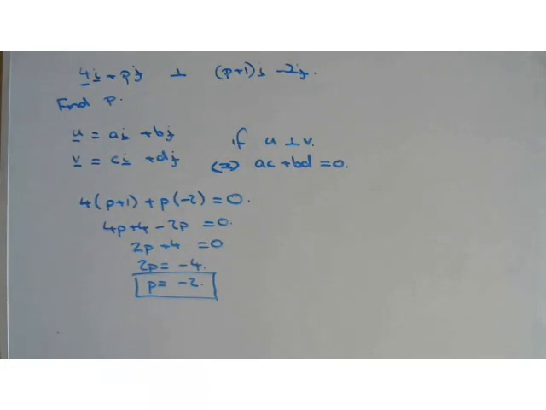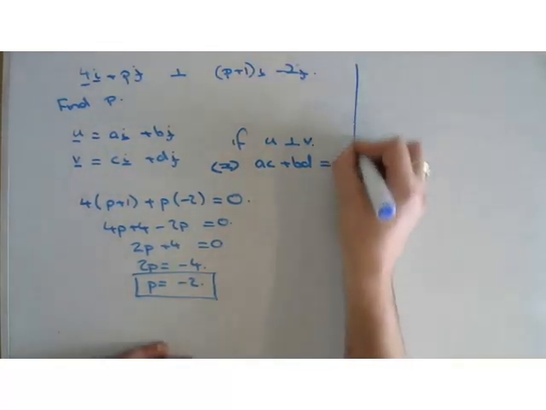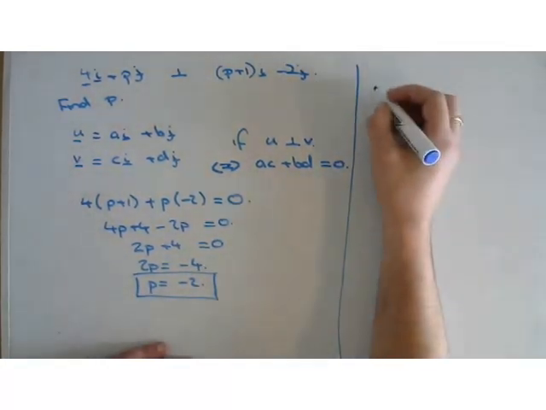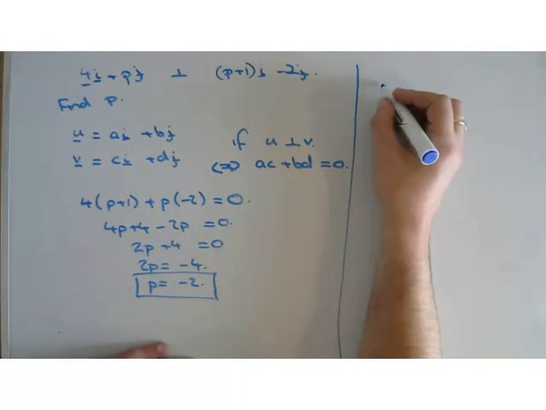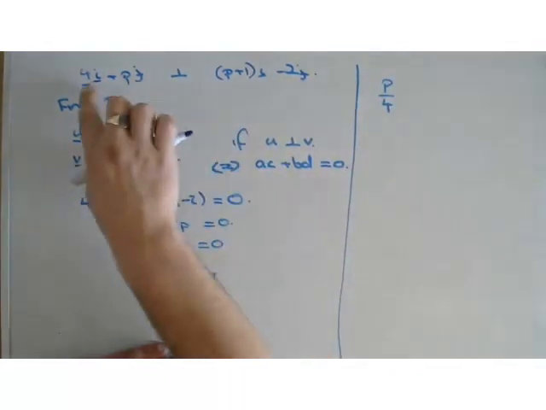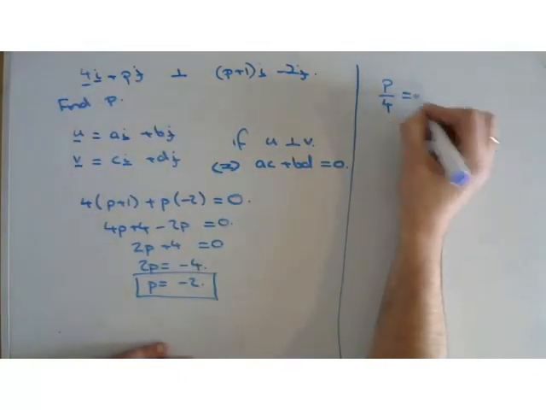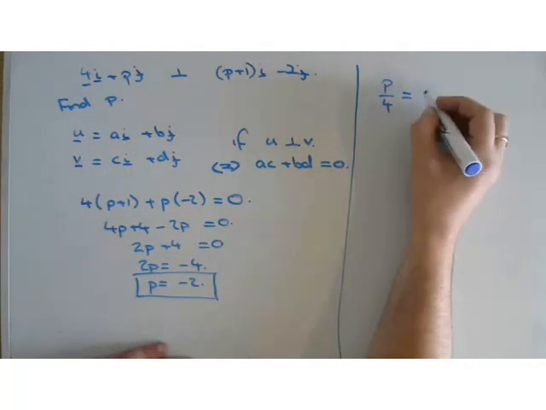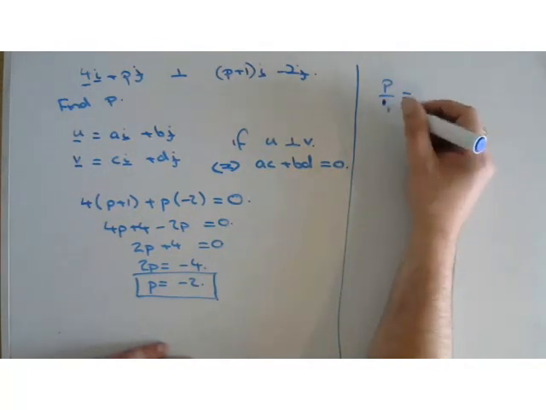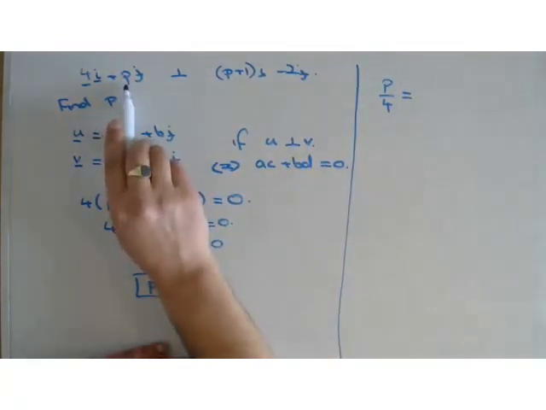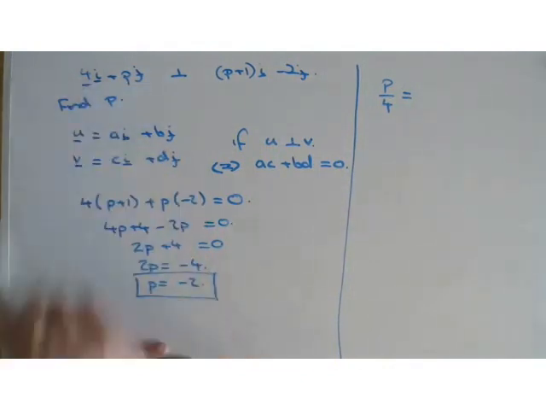Now, you could just as easily have done this another way. If you're looking at slopes in this case, the slope of this one is p over 4.